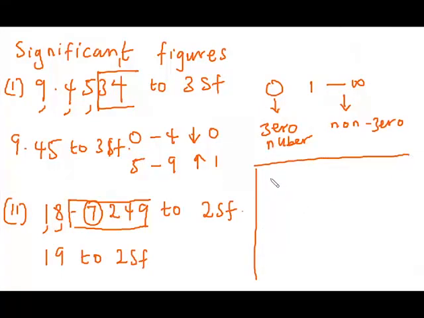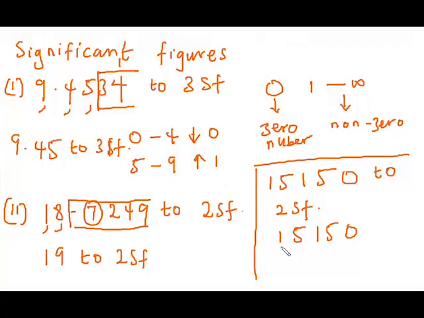An integer form will be 15150, that's 15,150, and we are asked to round it to 2 significant figures. This one is a bit different from the rest. We are looking at the first 2 numbers. The first number is 1 and the second number is 2.